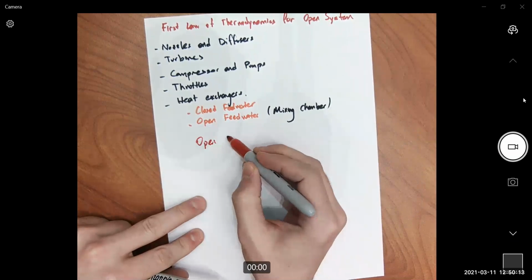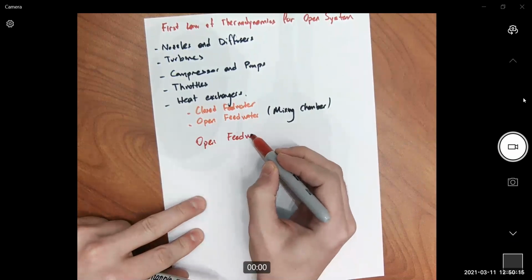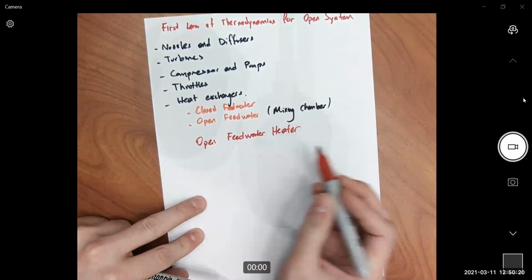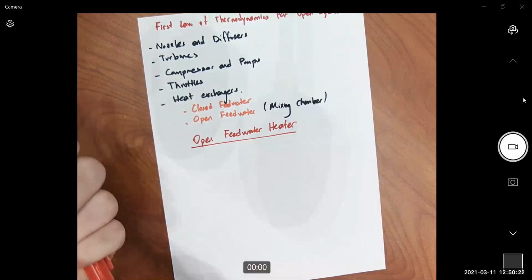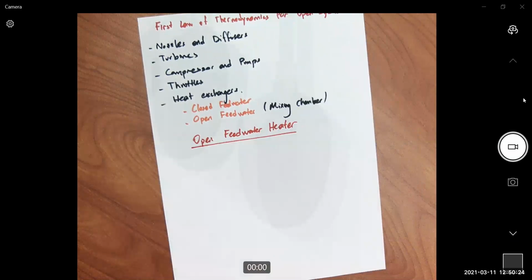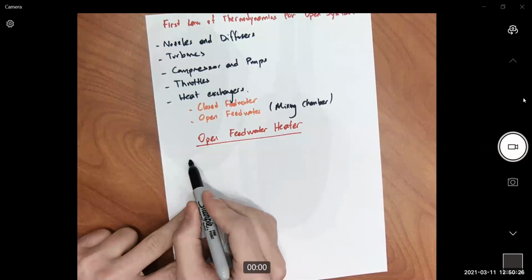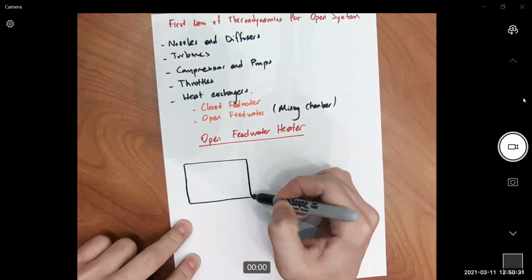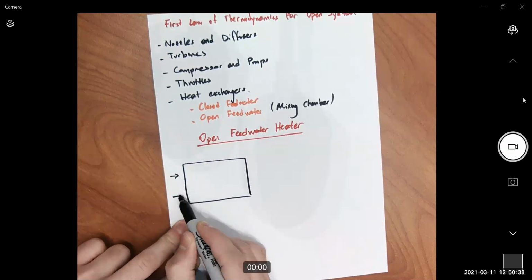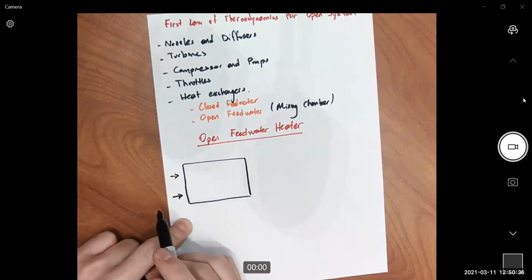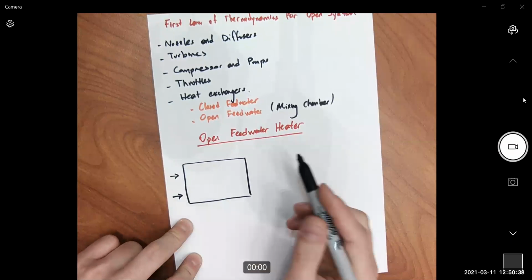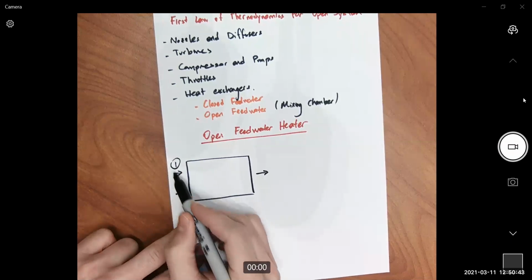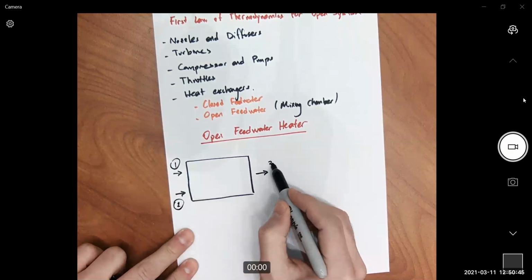Open feed water heaters, or mixing chambers, or open feed water heat exchangers. So it needs to have at least two inlets, might be more, and at least one outlet. 1, 2, 3.